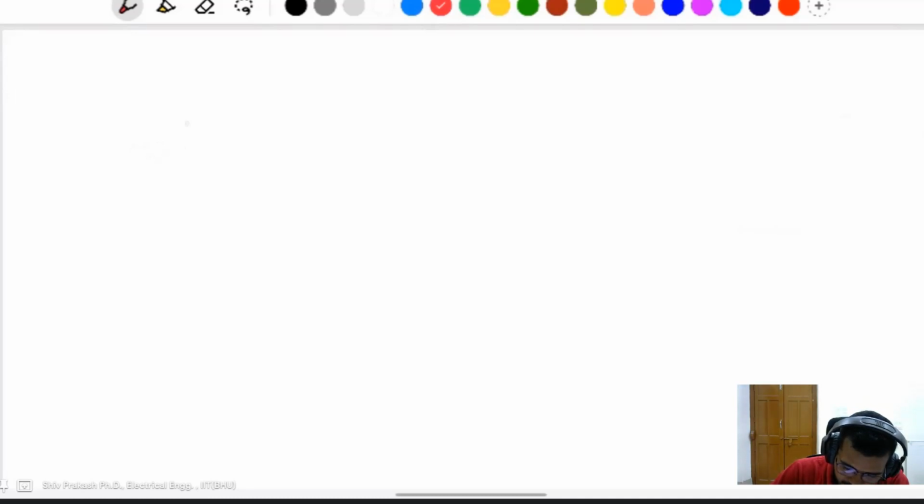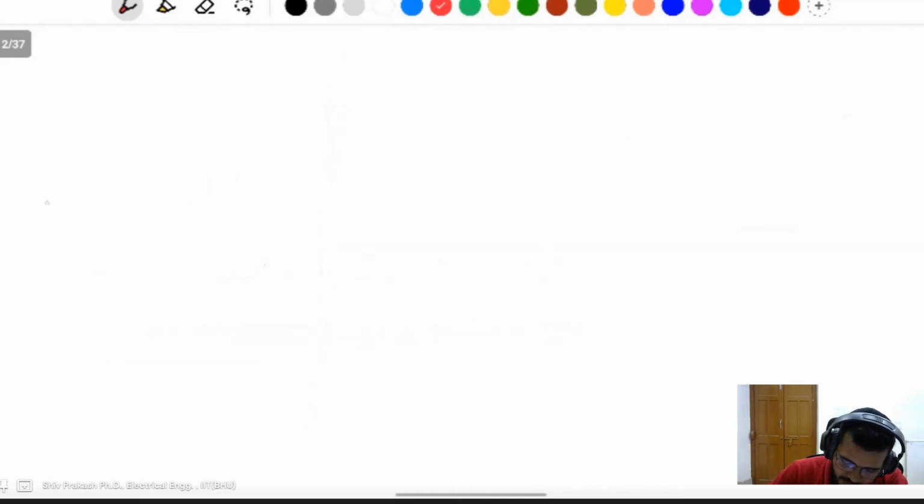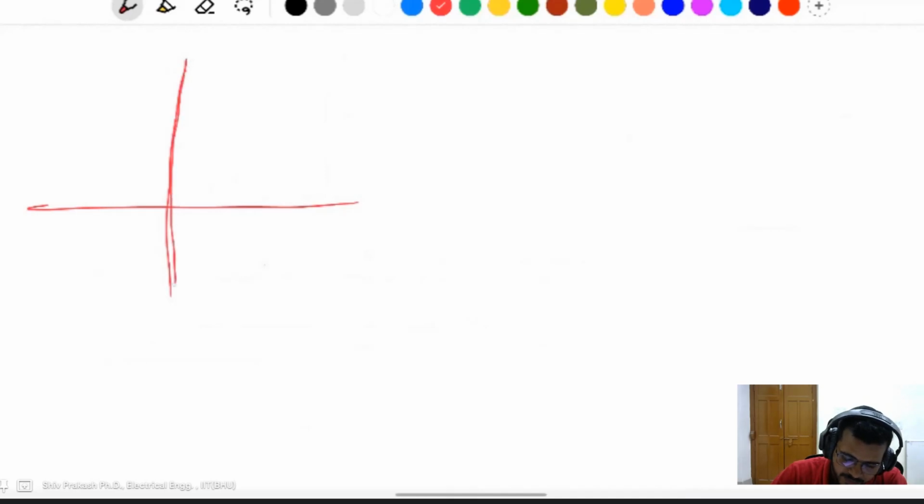Like a surface, this will be the zenith axis, which is normal to the horizontal plane.